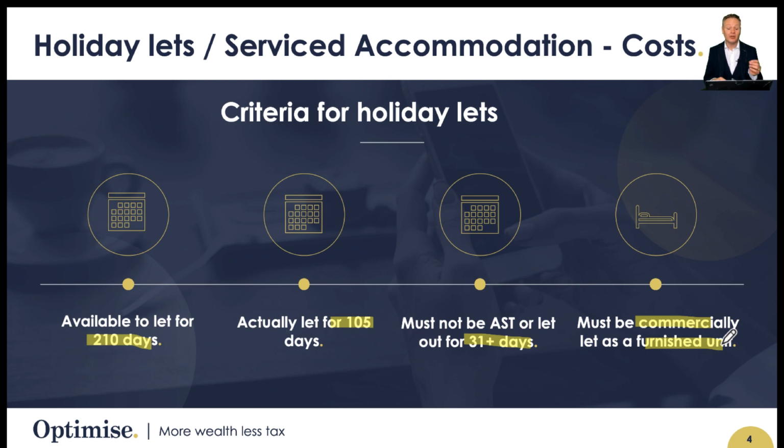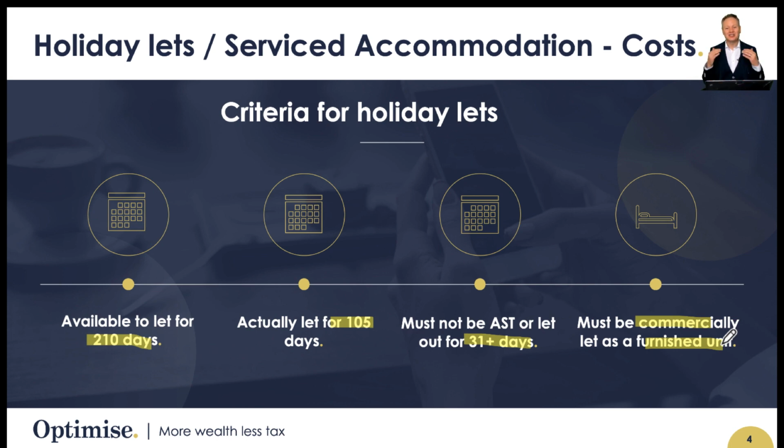Now a couple of other things that are not HMRC related is the dealings with your mortgage. You have to have the right mortgage product. You can't simply have a standard buy-to-let mortgage on a holiday let. You should be using a commercial finance product. So make sure you speak to your mortgage broker about that in more detail. You also need to change the use class of your property. Why? Well, because you need to.